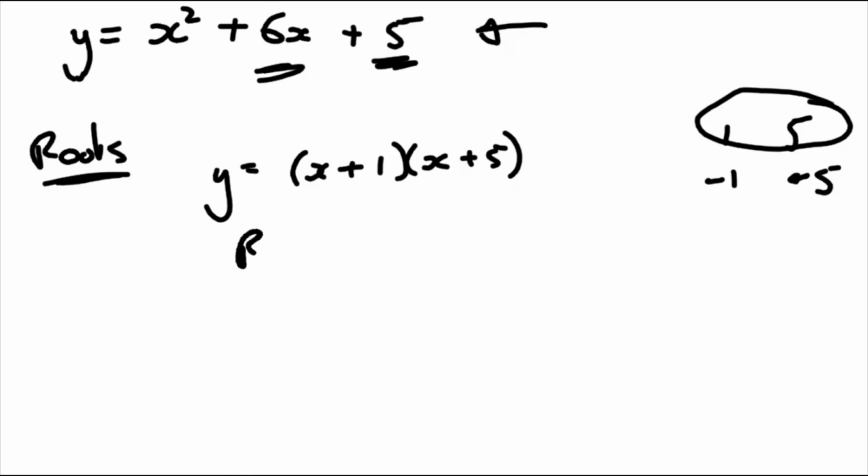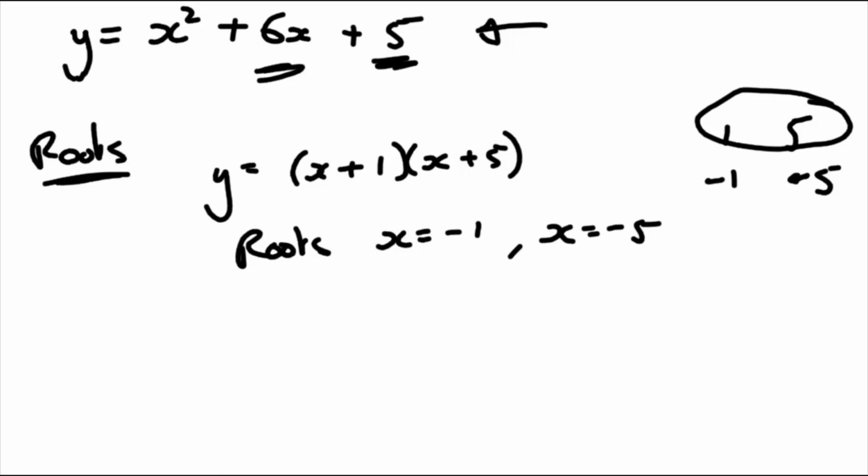So our roots are when this thing equals 0, so x equals minus 1, or x equals minus 5. That is where it's going to cross the x-axis.